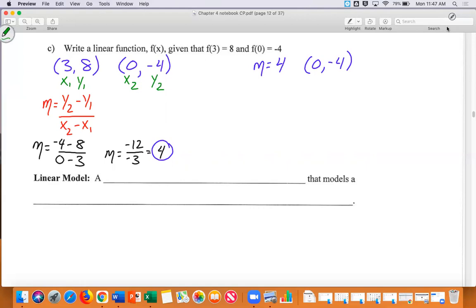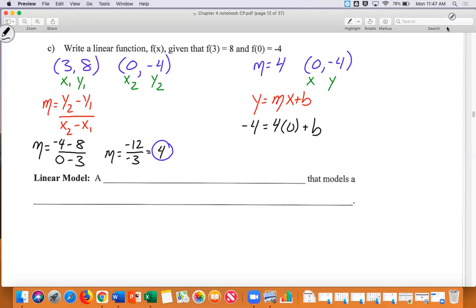And then I repeat my steps. I label. I write my equation, which is y equals mx plus b. I substitute, so -4 equals 4 times 0 plus b.